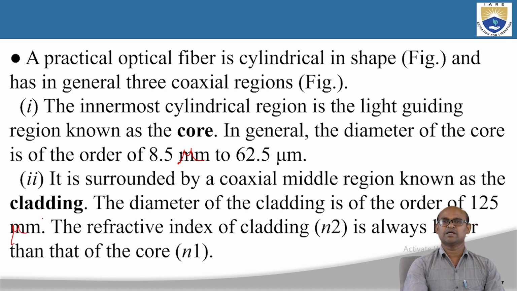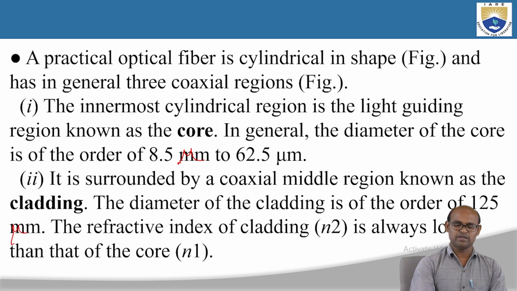The refractive index of the cladding, which we denote as N2, is always lower than the refractive index of the core. The refractive index of the core is N1, and the refractive index of the cladding is N2.